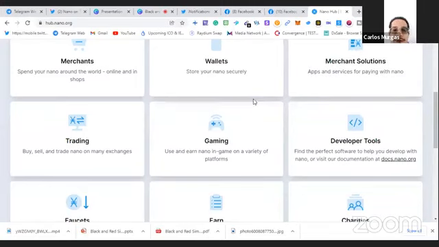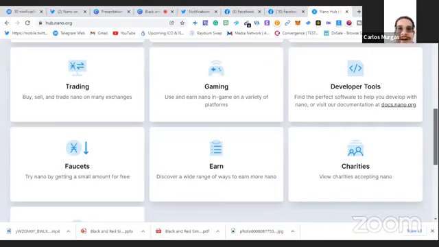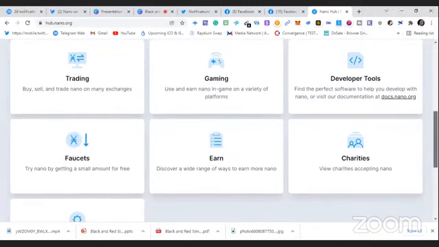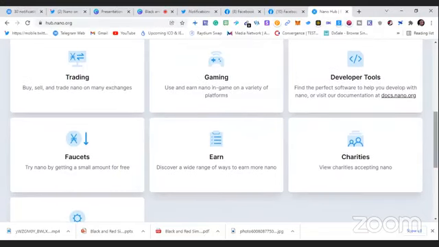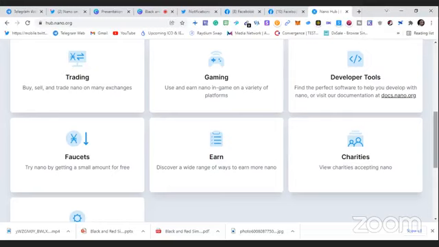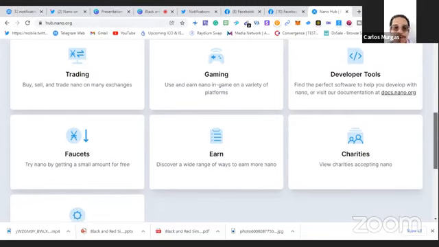Also the gaming category, where there are some cool games and some projects that are already integrating Nano into their core dynamic system. Developer tools, if you are a coder or you want to learn how to code your own Nano blockchain, how to create a tool for Nano, like the ones that we are going to see later in this reunion.